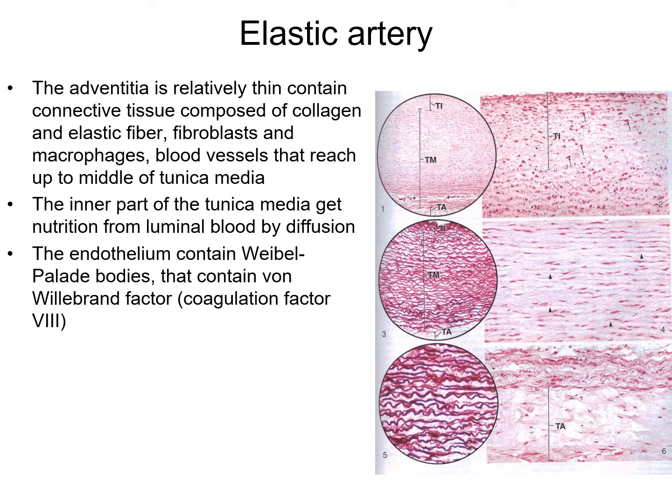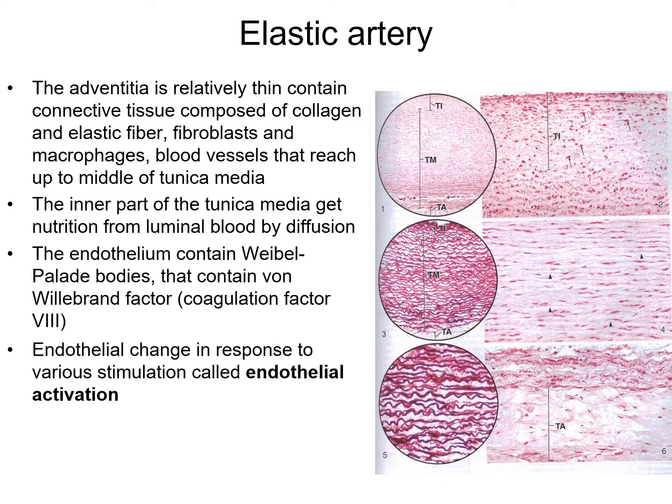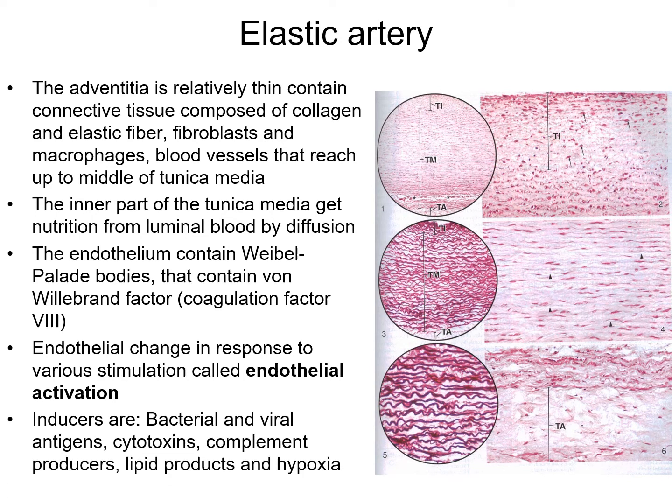The endothelium contains Weibel-Palade bodies that contain von Willebrand's factor. The endothelial change in response to various stimulation is called endothelial activation. The inducers of the endothelial activation are bacterial, viral antigens, cytotoxins, complement products, lipid products, and hypoxia.